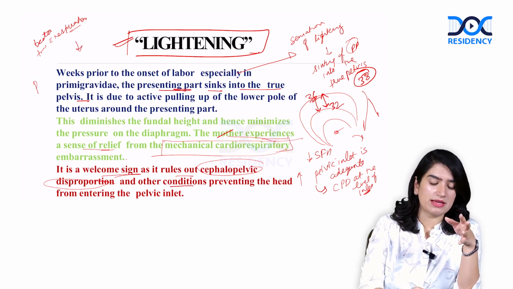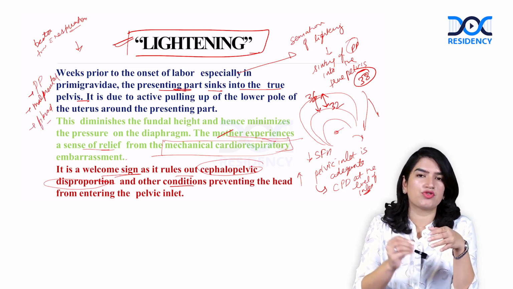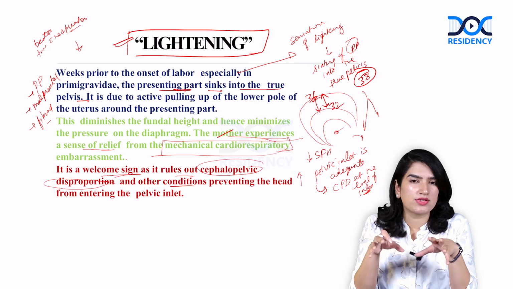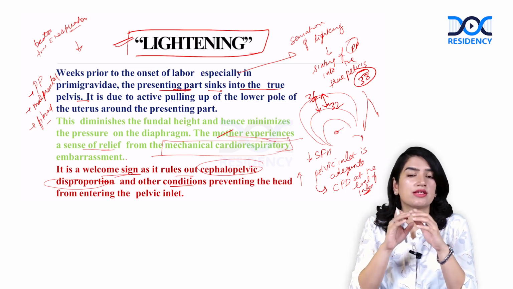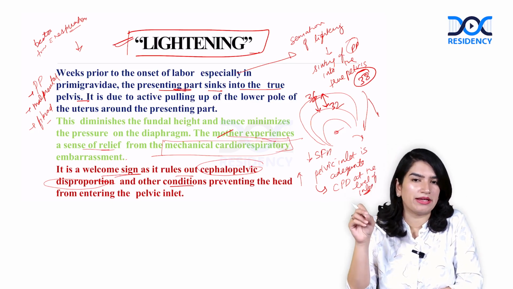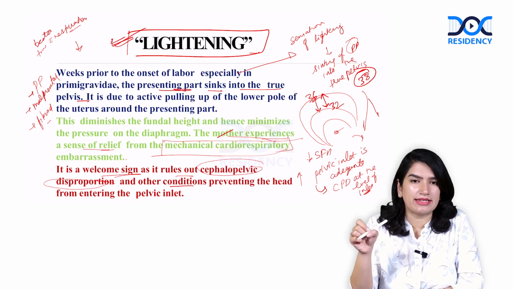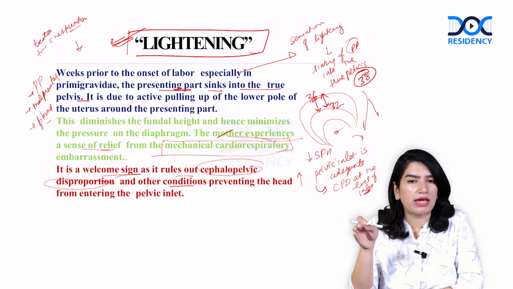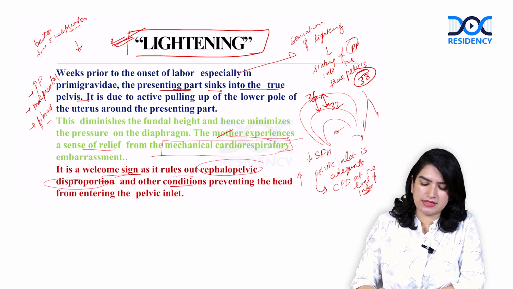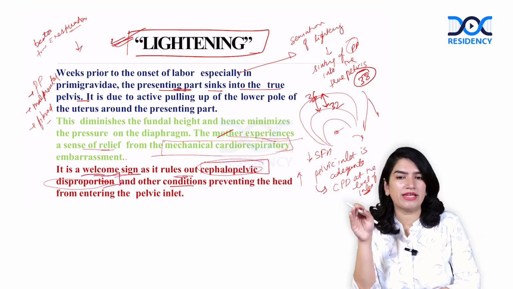So, if there is placenta previa, if there is a malpresentation, or if there is maybe a fibroid at the lower pole of the uterus, in all of these conditions, this lightening sensation is not felt because the presenting part fails to sink deep into the true pelvis. So, whenever we have the symptom of lightening, especially in cases of primigravida, it helps us rule out cephalopelvic disproportion at the level of the pelvic inlet.